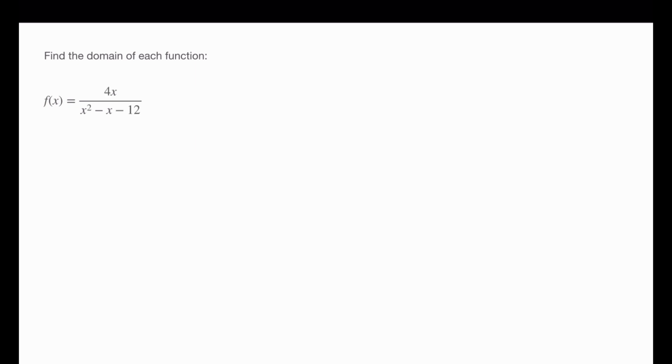All right, so in general, if we have a rational function or an algebraic fraction, the way to find the domain is to say the denominator can't equal 0. So I've got the function f of x equals 4x divided by x squared minus x minus 12. So I'm going to take that denominator, x squared minus x minus 12, and set it not equal to 0.